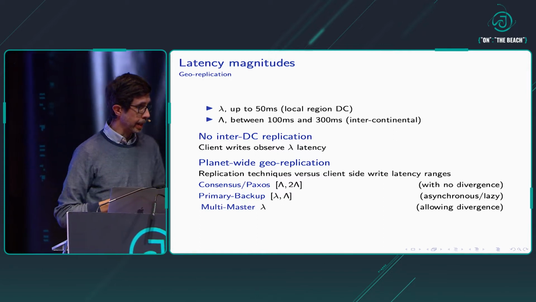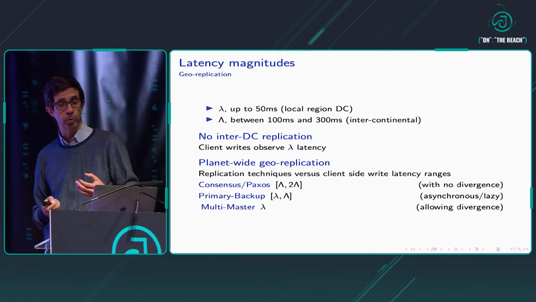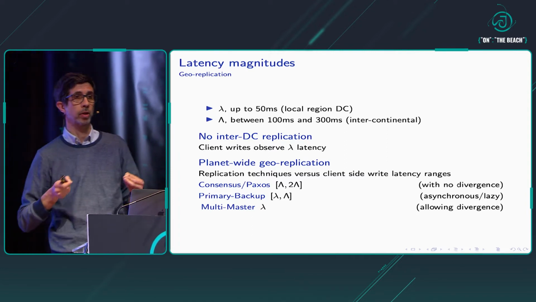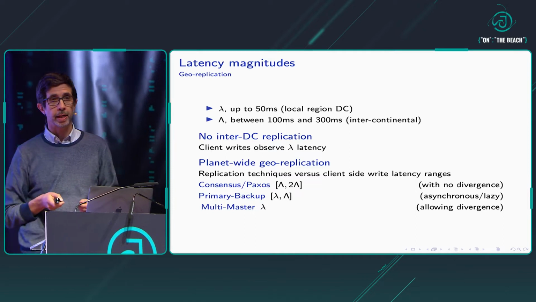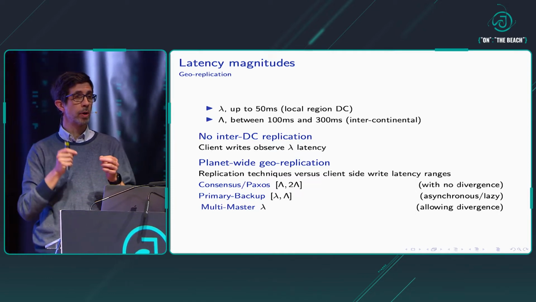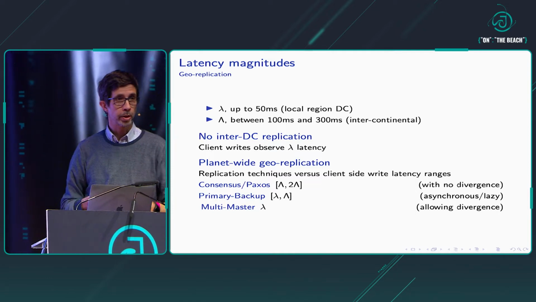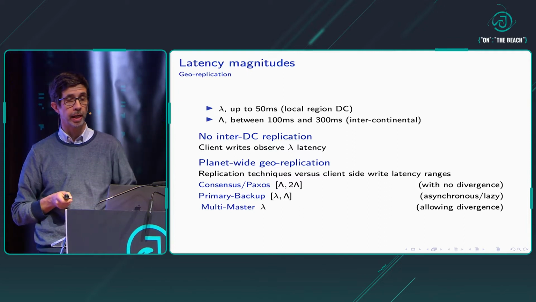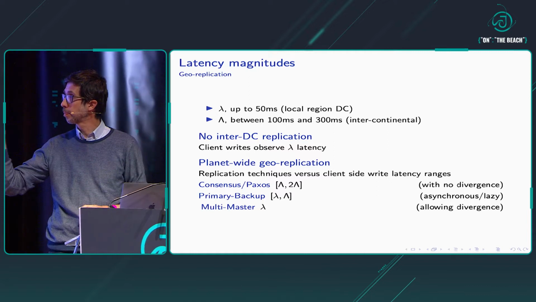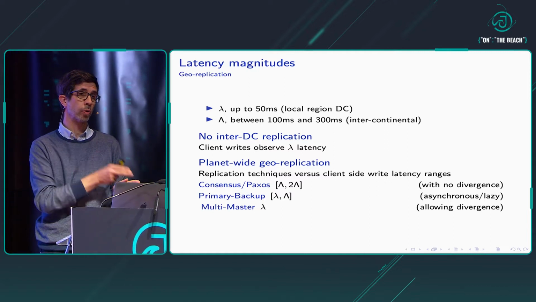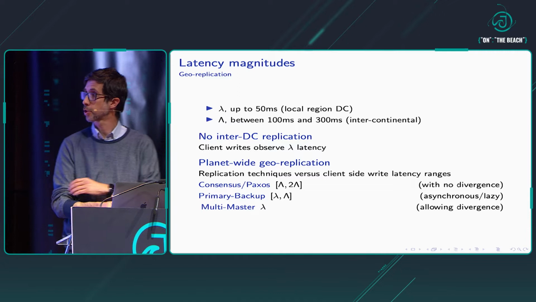Suppose that we are handling data and we want to keep data synchronized, have a common view of data. We can look at two latency scales. Small lambda is when you have data close to you, when the client is close to the server that is being contacted. And we have the big lambda when you need to do intercontinental communication.